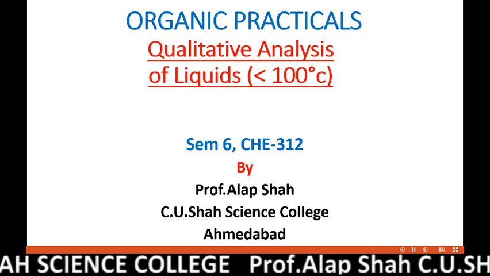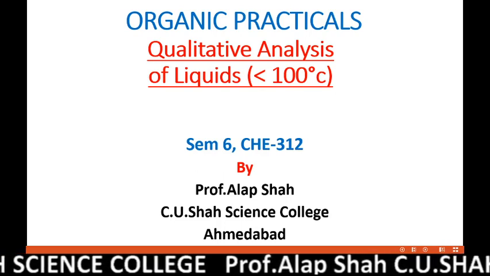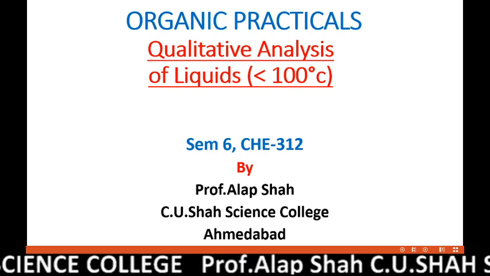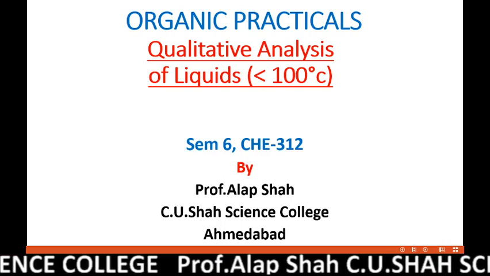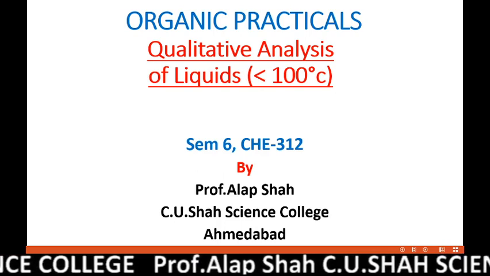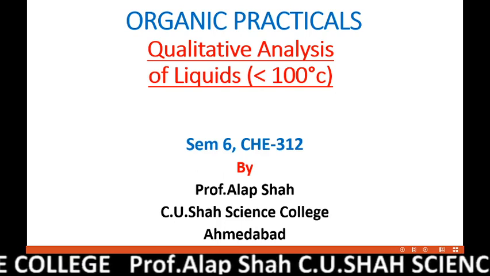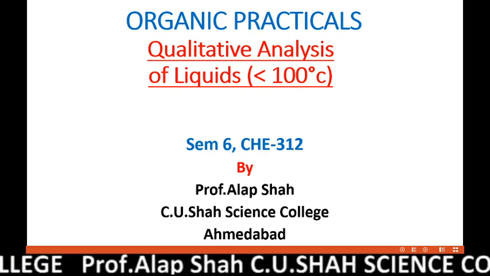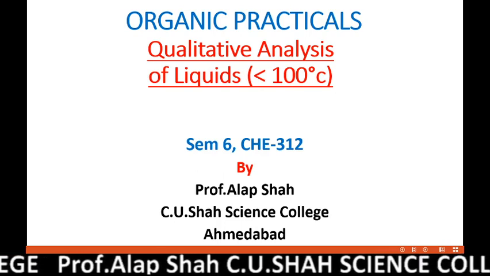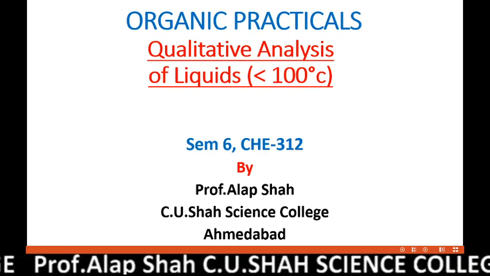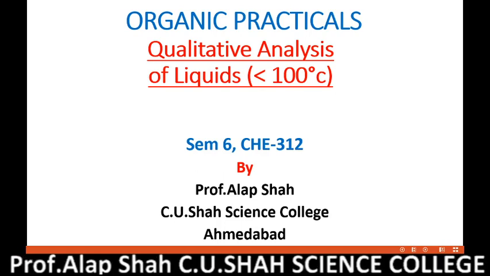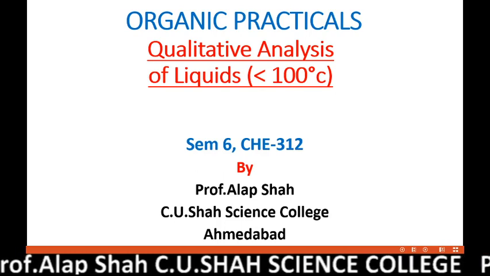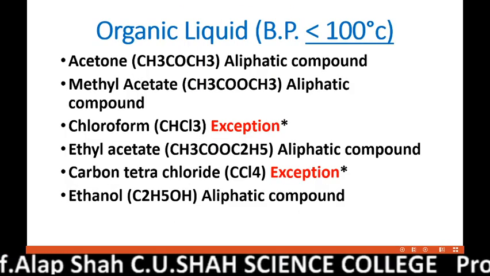Moreover, there is a difference of at least 30 to 40 degrees Celsius between both the liquids. So keeping this in your mind, in this video we will discuss how easily we can identify those liquids with boiling points lesser than 100 degrees Celsius.